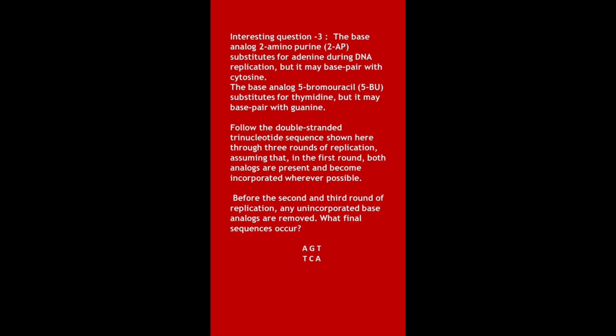So we used a base analog for adenine, and it will pair with cytosine. And 5-bromouracil substitutes for thymidine, right? But it may base pair with guanine, right? We have used a base analog for adenine that will pair with cytosine. We have used a base analog for thymidine that will pair with guanine.